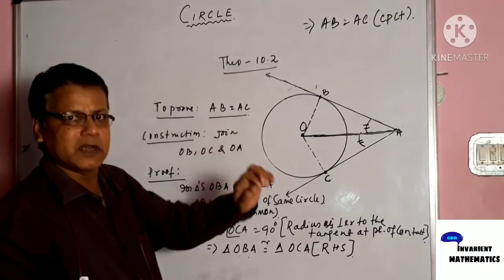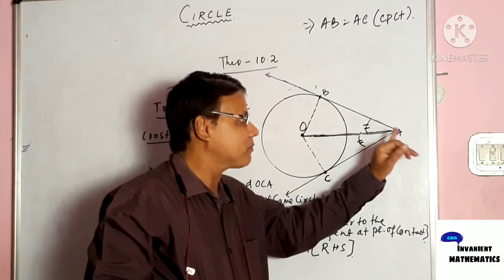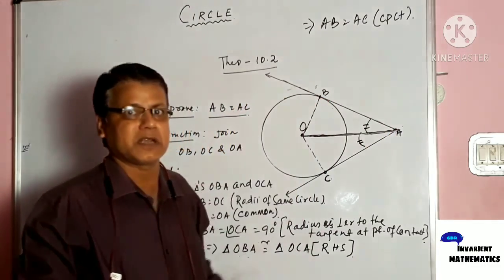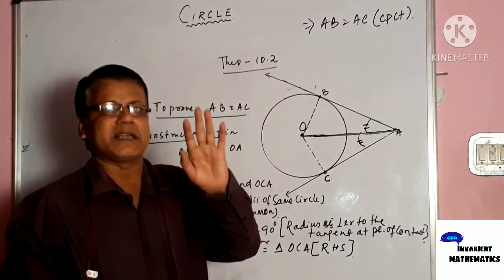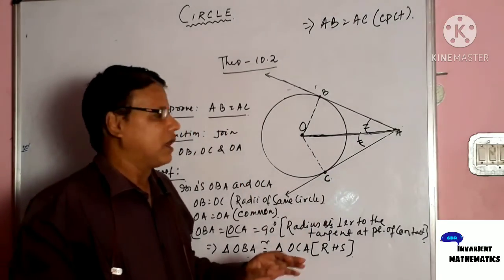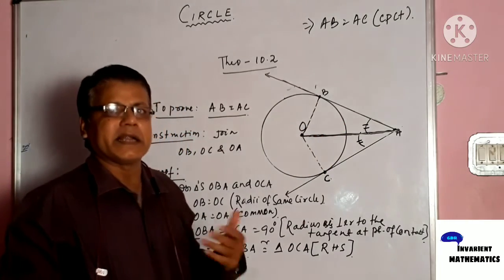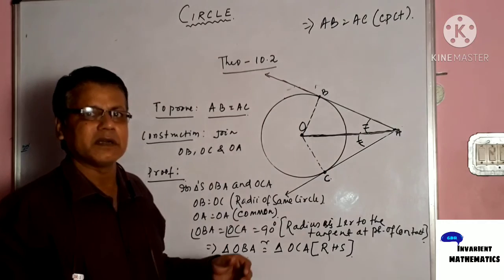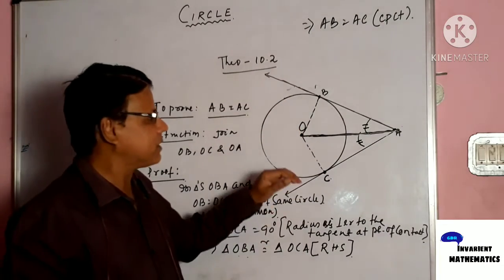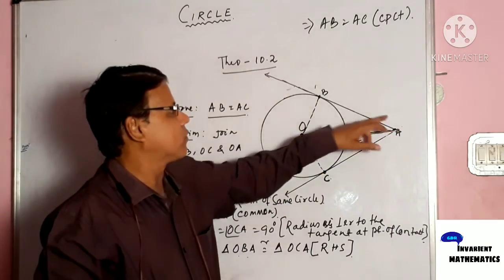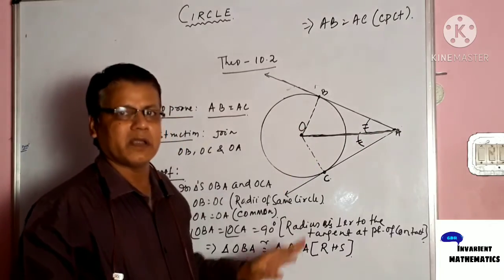The line joining the center with the point from where the tangents are drawn to the circle bisects the angle inclined by the tangents, and it also bisects the angle between the two radii of the circle. That means OAC is equal to OAB, BOA is equal to COA.